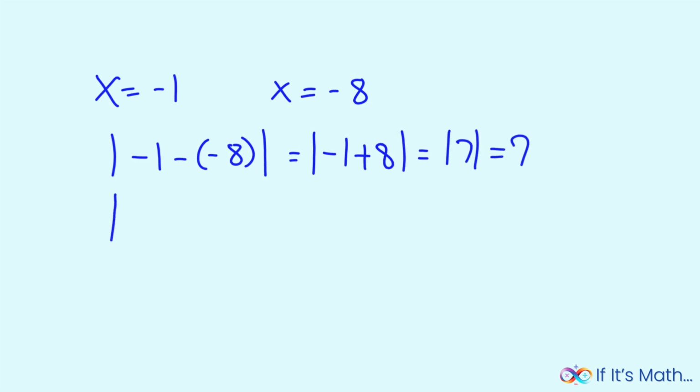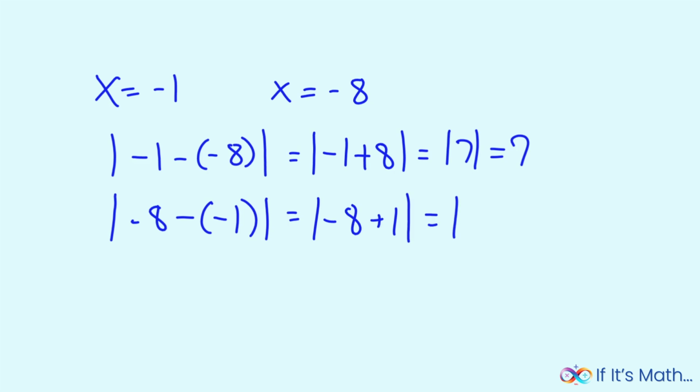And then let's try it the other way just to prove it. If we had -8 minus -1, it's going to be the absolute value of -8 plus 1, which is the absolute value of -7, which is 7.